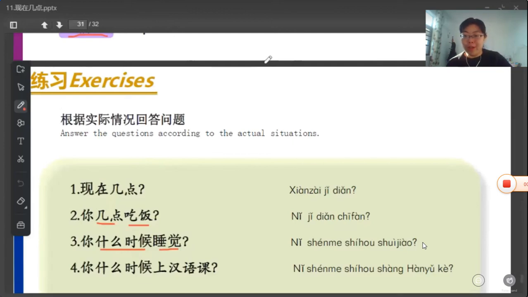Or you can give us an actual time: 我晚上10点30分睡觉. 你什么时候上汉语课？上汉语课 means go to the Chinese class. 我星期五早上上汉语课, or 我8点上汉语课, or 我上午8点上汉语课.